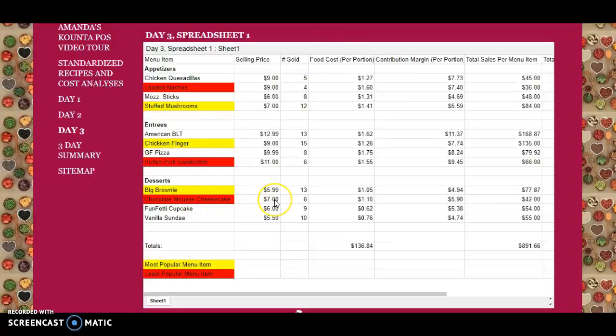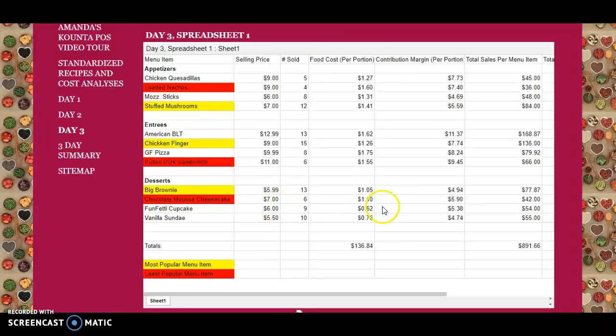So the selling price for that was $7, and I sold 6 of them. And the food cost was $1.10, and that comes from the standardized recipes and cost analyses spreadsheet. If we go over one more row, we'll see the contribution margin per portion, and that is your selling price minus your food cost per portion.